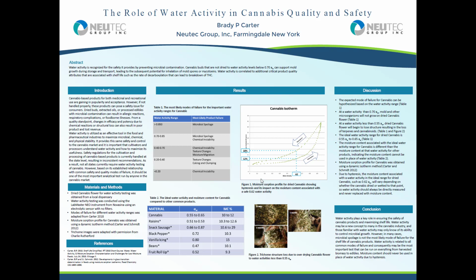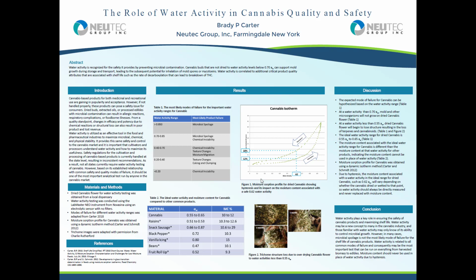Your dry down should all be controlled through water activity, trying to target that critical range of 0.55 to 0.65. And in so doing, you maximize your profitability by maximizing your weight from water. You're not over drying, you're not using more energy. So all of that comes down to water activity really playing a critical role in terms of cannabis quality and safety.